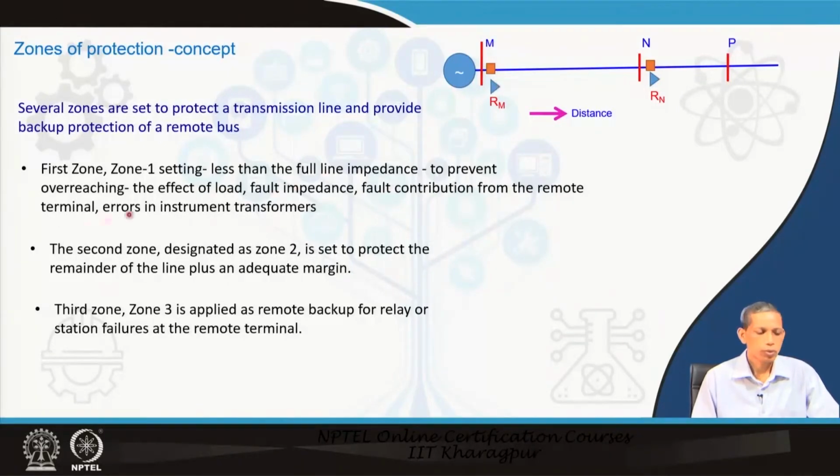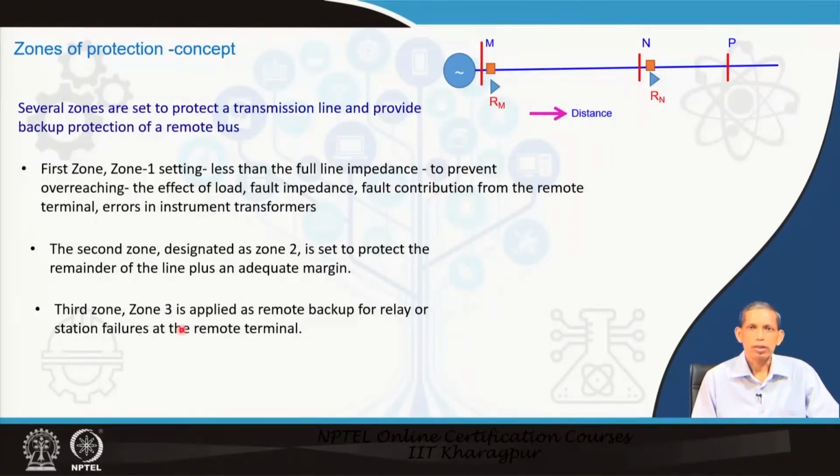So, we talk about a second zone, mentioned as zone 2, which is set to protect the remainder of the line. But to ensure that nothing is left out, this zone is extended beyond this line, and because it is extended, it has a slower response, unlike zone 1.